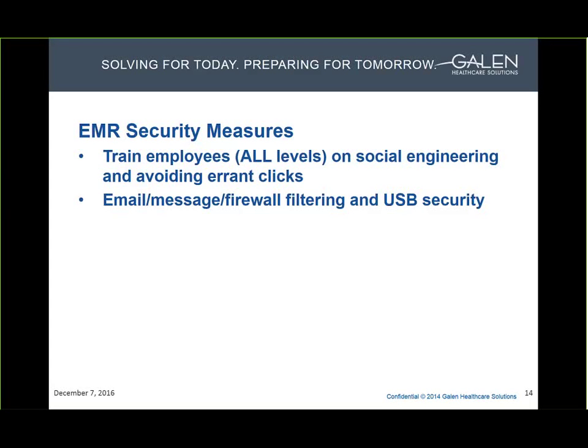So you want good message filtering, good data filtering. And although you'd think it doesn't need to be said, you want to make sure that all the software everybody is using, especially the operating system software, the Windows updates, are all current.